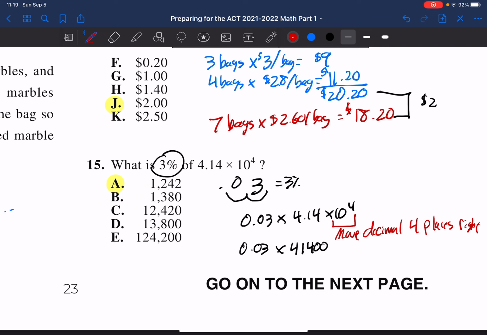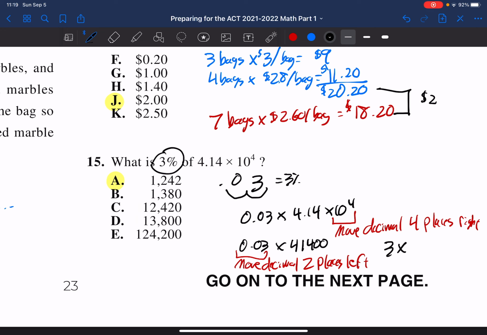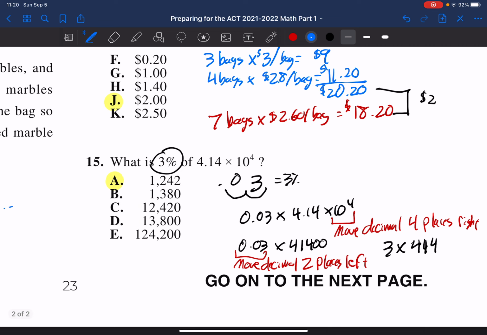Now here we've got this 0.03, and that's telling us we'll just move it 2 places to the left. So by doing that, we get 3 times, and I'm just going to move the decimal point again, 414. And we get 1,242.